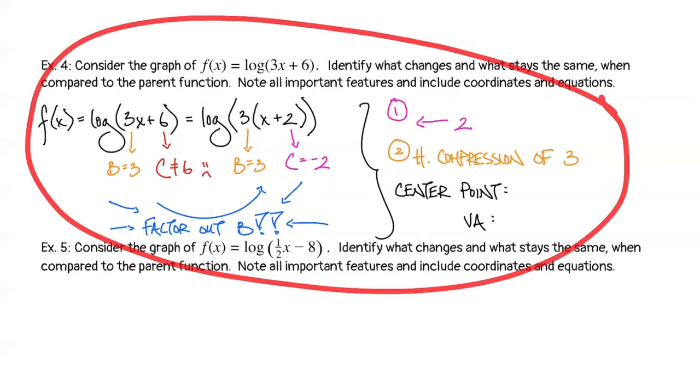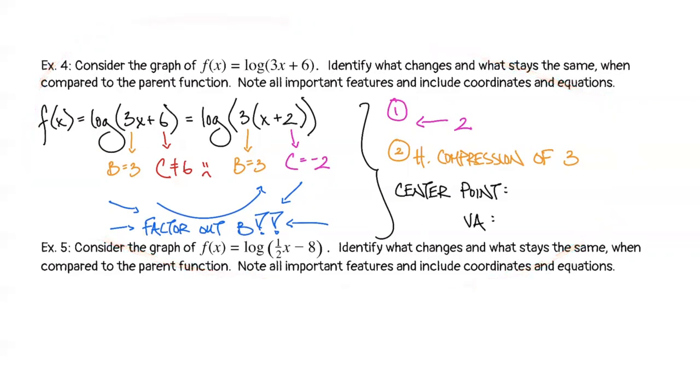What might we want to change that 5 to, or negative 5? The center point was at 1, 0. We move it 2 places to the left.